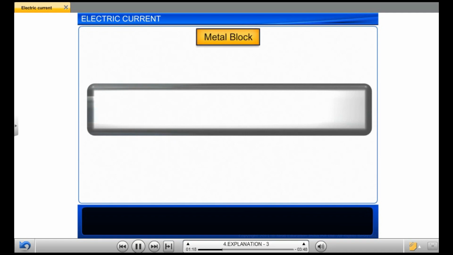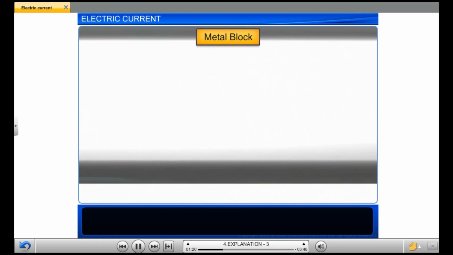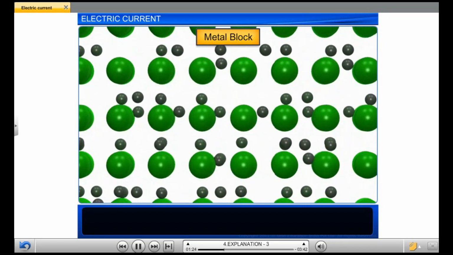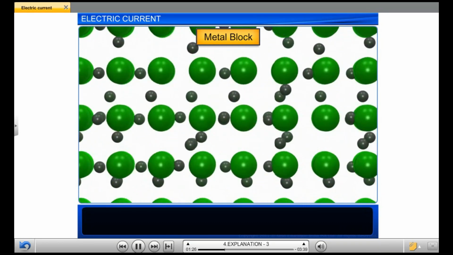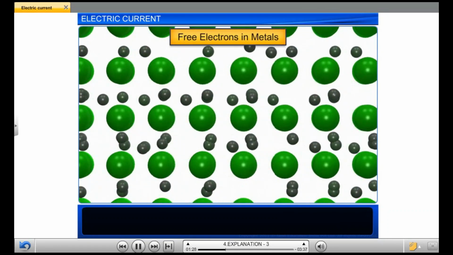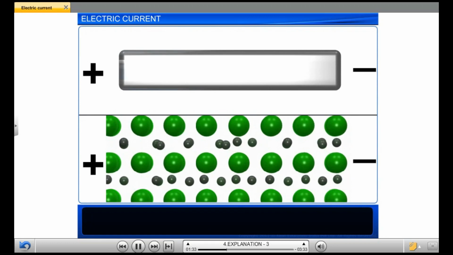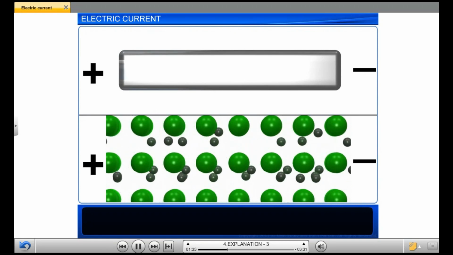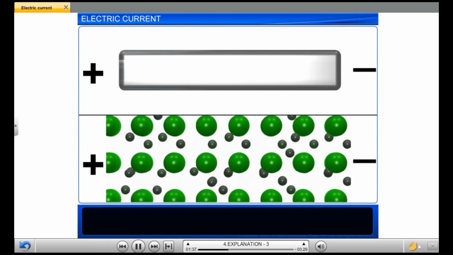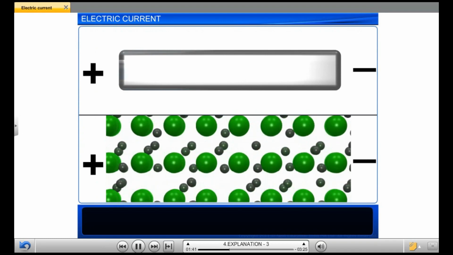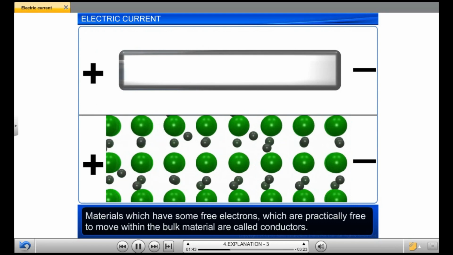These materials are called non-conductors or insulators. In metals, some electrons are practically free to move within the bulk material. These electrons are called free electrons. When an electric field is applied across metallic objects, an electric current develops in them due to the unidirectional flow of these free electrons. Therefore, metals are called conductors.